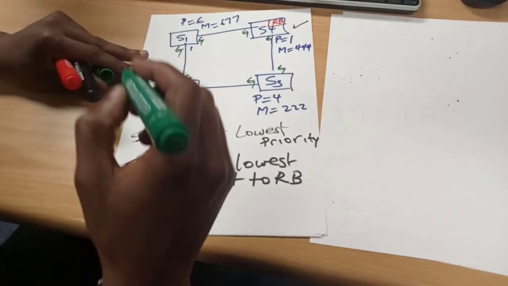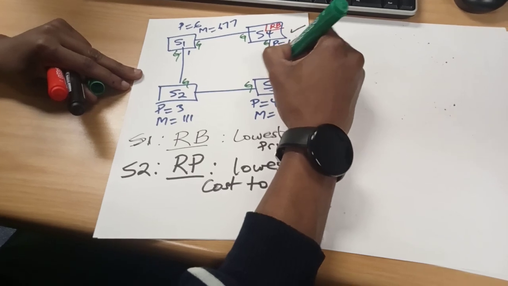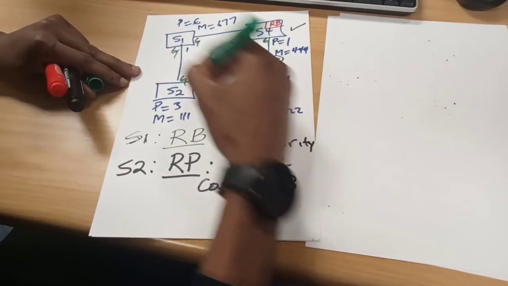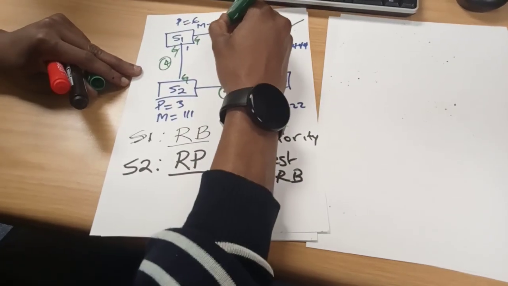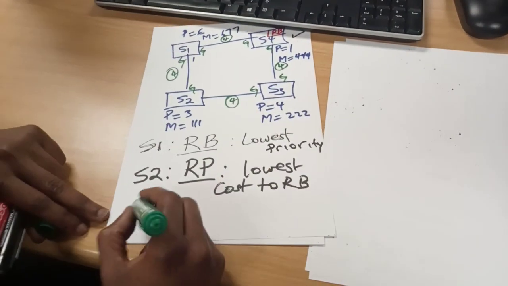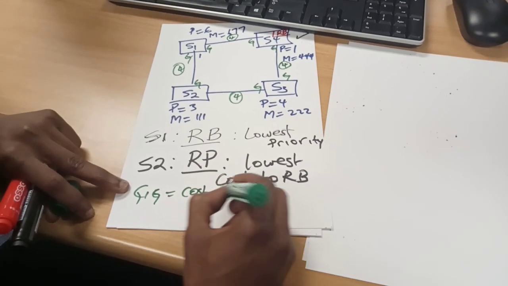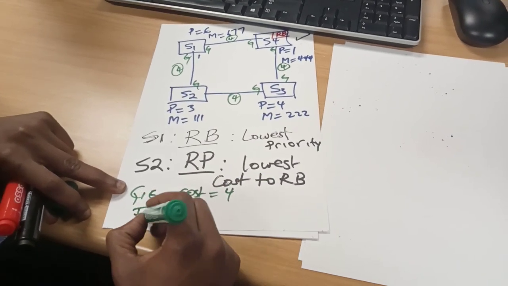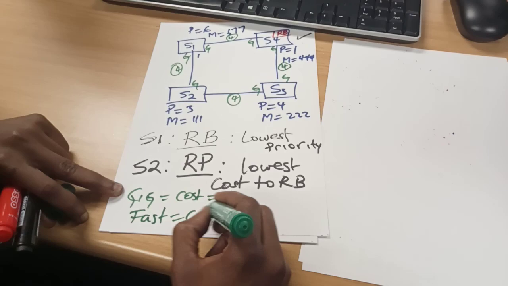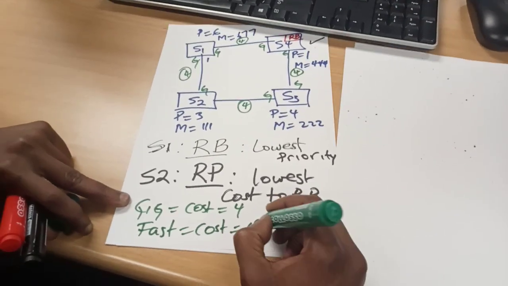For gigabit, the cost is 4. For Fast Ethernet, the cost is 19.